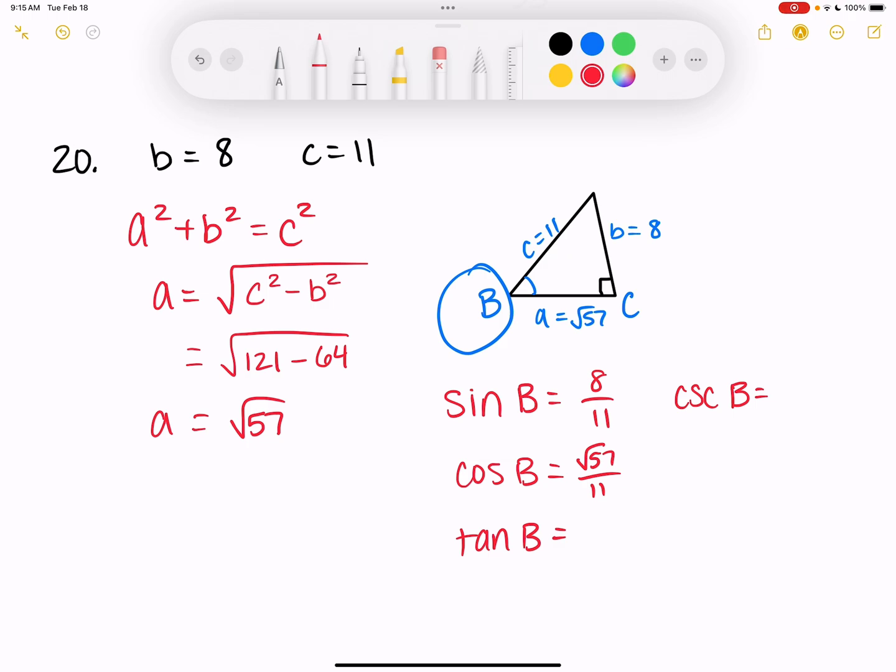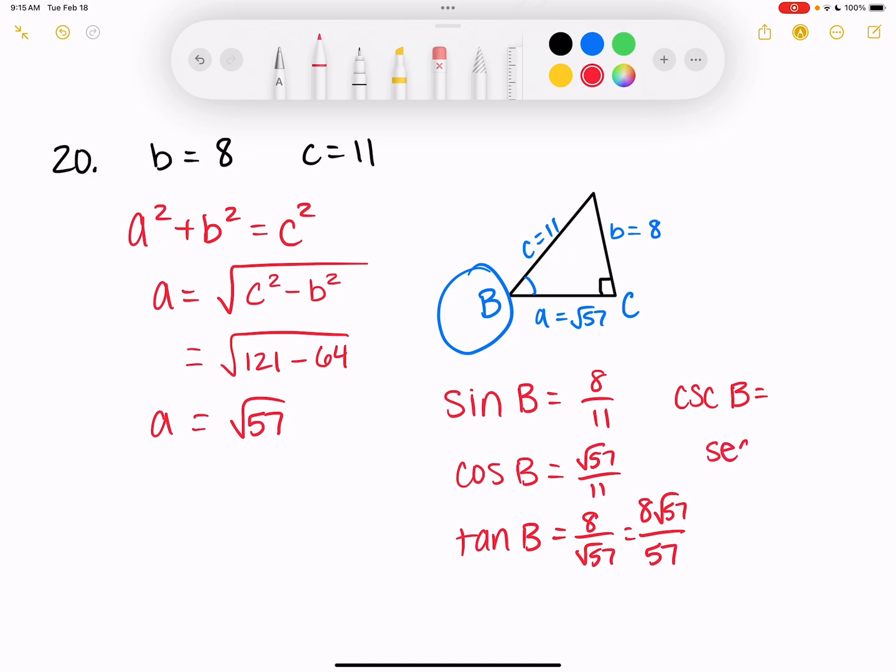That would be sine. TOA. Oh, I thought it was opposite over adjacent. Yep, so this would be 8 over the square root of 57, but I can't leave it like that. So what do I have to do? Multiply by the square root of 57 over the square root of 57. So that's going to give me 8 square root of 57 over 57.